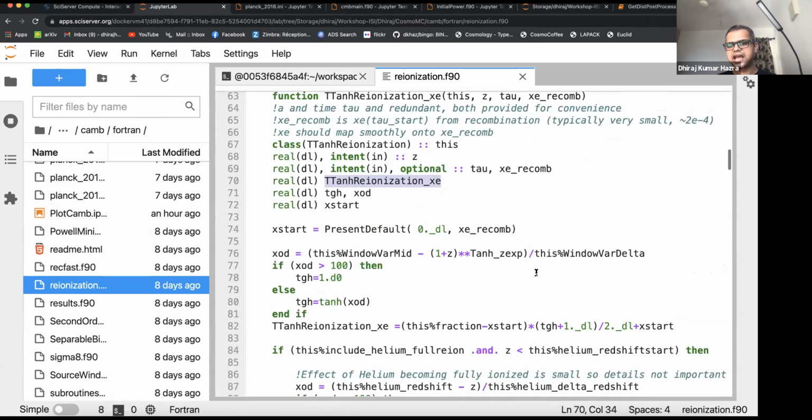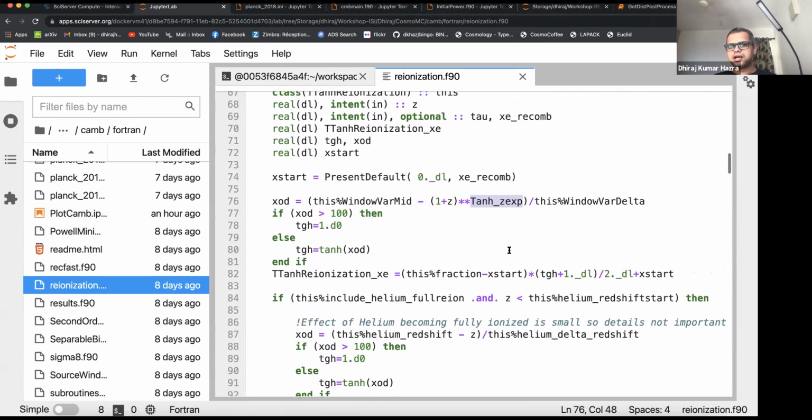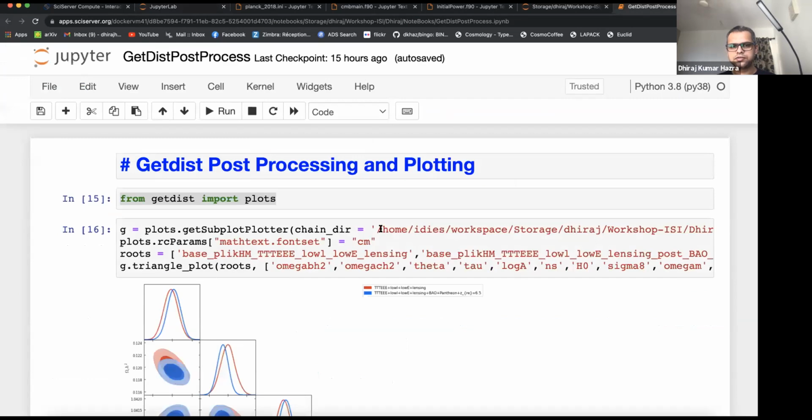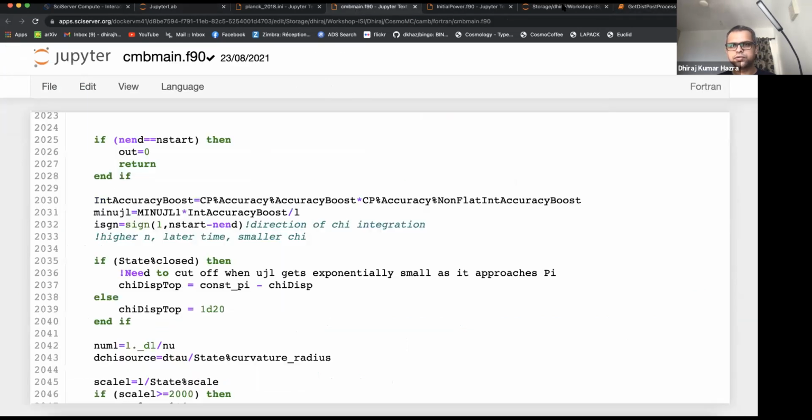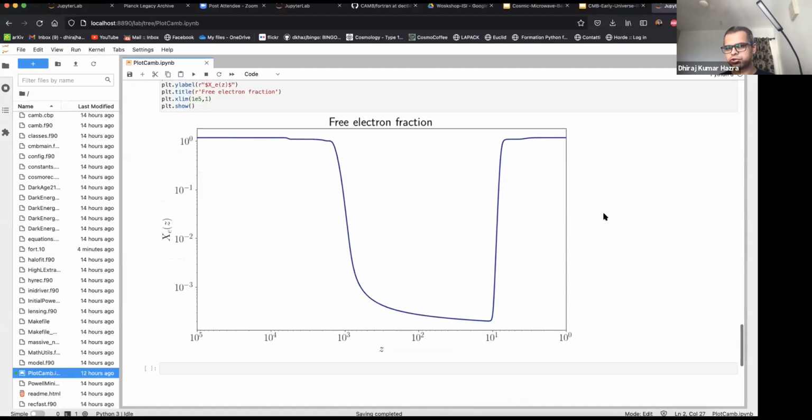It is using a tanh (hyperbolic tangent) shape of the reionization. Also in the results.f90. The plot that I have shown you here is from CAMB, from my run of CAMB.